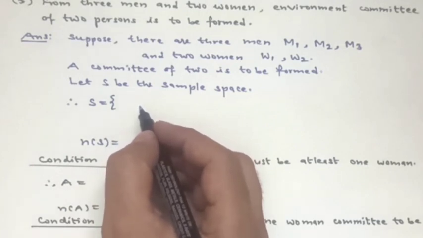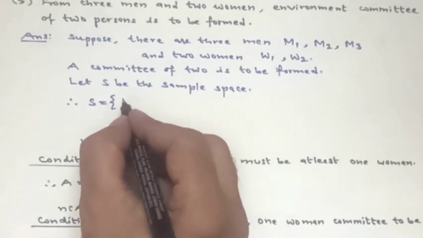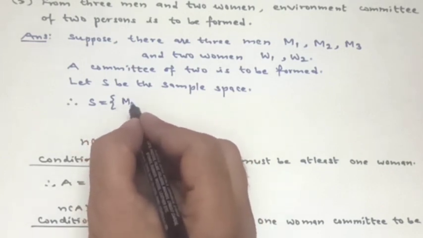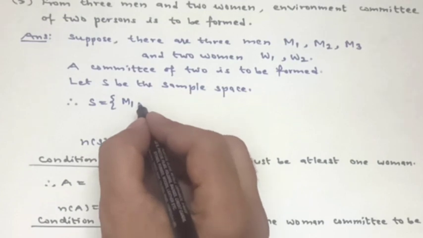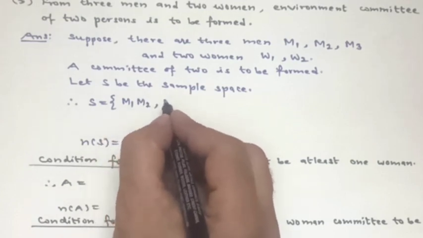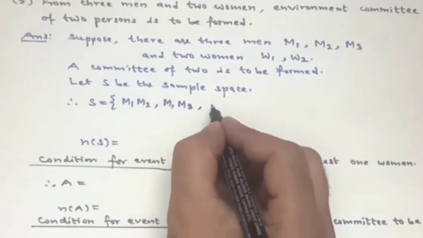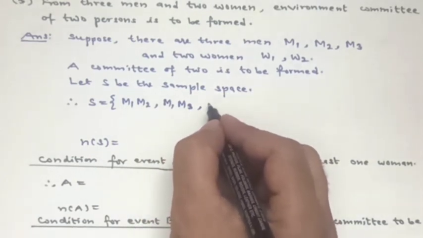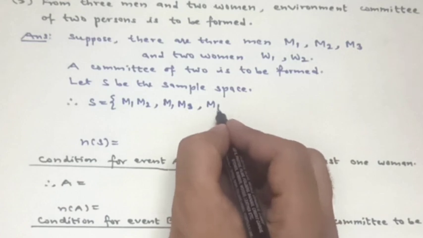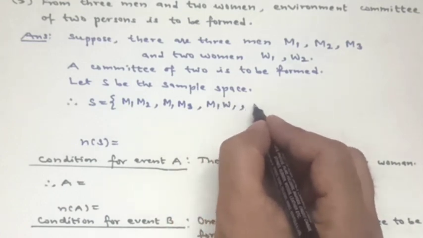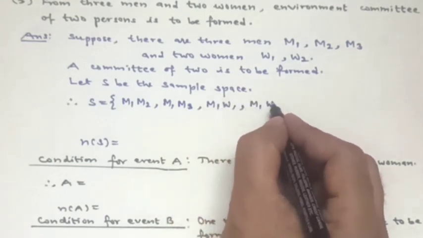We'll go to M1, then M1 can go to M2 also, M1 can go to M3 also. Then M1 can go to W1 also, M1 can go to W2 also.